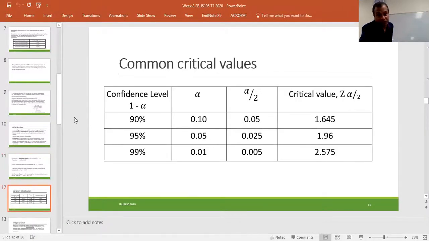If you remember, the critical value is important for us. This sum is asking for a 95% confidence interval. So in that case, the critical value Z alpha by 2 will be 1.96. For 99%, 2.575, and for 90% it is 1.645.